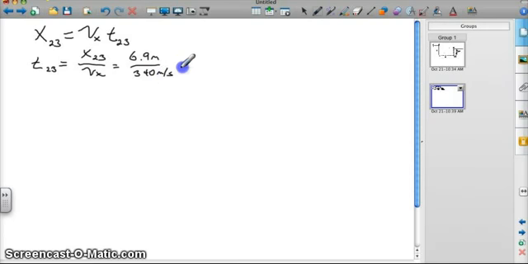If I use a calculator here, I'll find that the time is 0.02 seconds. So I want to remind you that this is not the time of flight, this is just the time it took for it to go from the window to the wall. Alright, what can we do next? Well, let's call this step 1.